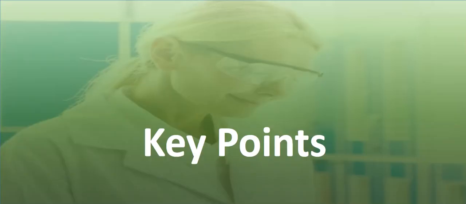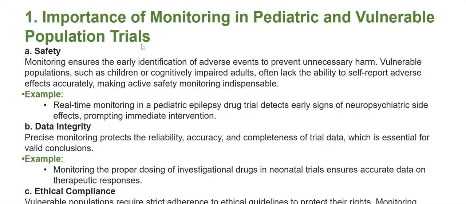Now, the key points for the topic for the day. We'll start with the importance of monitoring in pediatric and vulnerable population trials. Despite the order, we'll start with safety. Monitoring ensures the early identification of adverse events to prevent unnecessary harm, to prevent any harm actually.